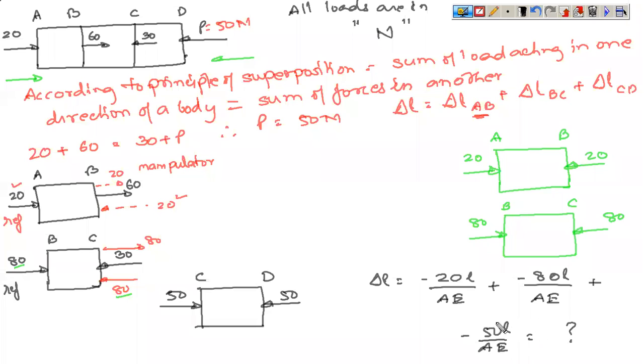So whatever you get, why minus? Because all loads are compressive. So if they are compressive, then the net effect is reduction in length of the body. So if it is reduction in length of the body, that automatically means that it will be preceded with a negative sign.